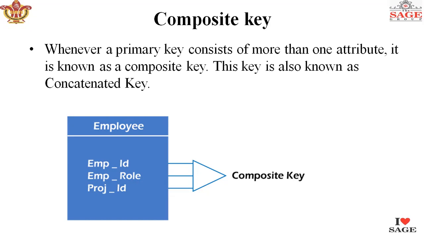So the primary key will be composed of all three attributes, namely employee ID, employee role, and project ID, in combination. These attributes act as a composite key, since the primary key comprises more than one attribute. So this is the composite key.